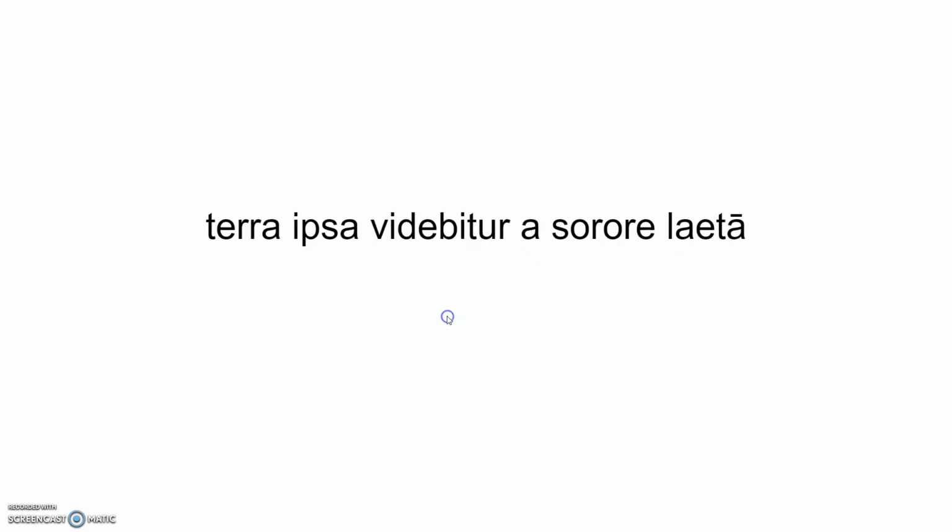Looking at that a little bit more grammatically, terra ipsa is our subject. Videbitur, future passive verb, so it's happening to the subject. And then who's doing it? The happy sister, who is our ablative of agent, signaled by the a, followed by nouns in the ablative case. Third declension ablative singular ending is e. First declension ablative singular ending is the long a. And that's how that's working here.